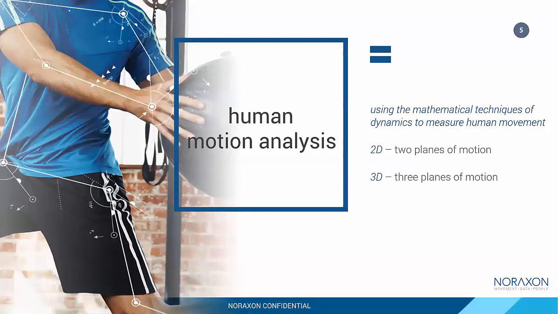Using motion capture and other technologies like EMG or force plates provides a greater understanding of the performance determining aspects of the technique, helps identify injury risk factors, and can also facilitate recovery from injury or trauma. Now, regarding the use of motion capture, there are generally two measurement principles that are utilized: two-dimensional analysis and three-dimensional analysis.